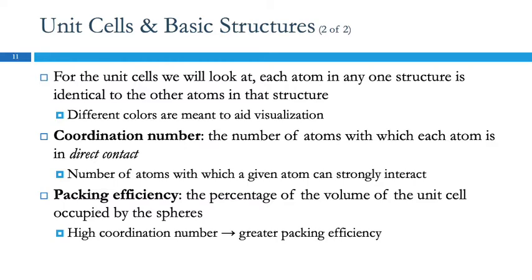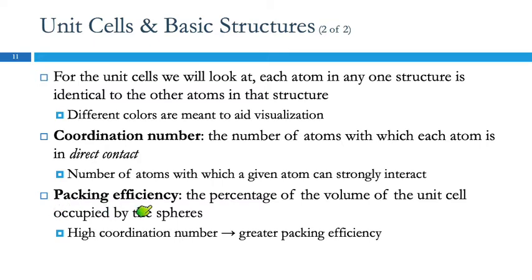Two things that we can measure about these different unit cells are the coordination number and the packing efficiency. Coordination number is the number of atoms that each atom is touching in this structure, in direct contact. That's important because the atoms that get close to each other like that are going to interact more strongly than atoms that are further apart.